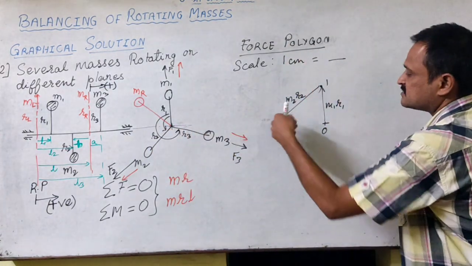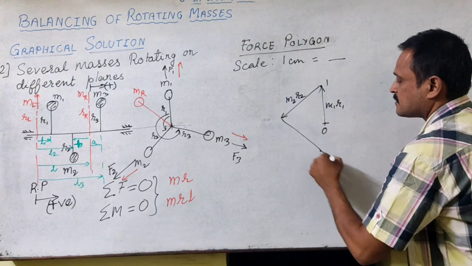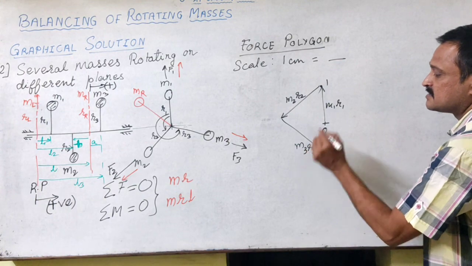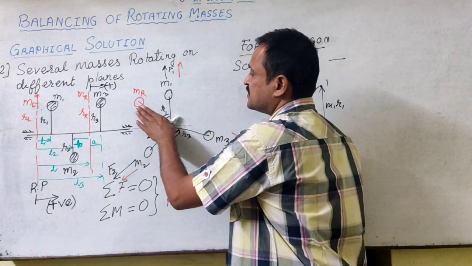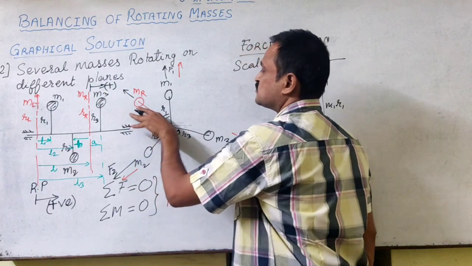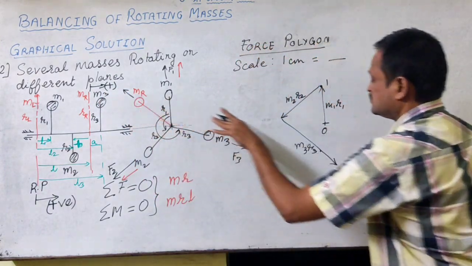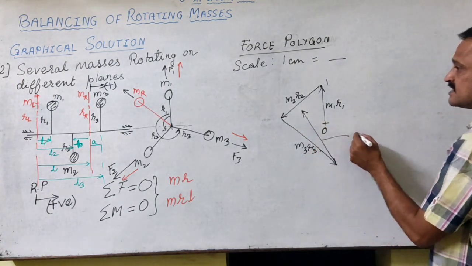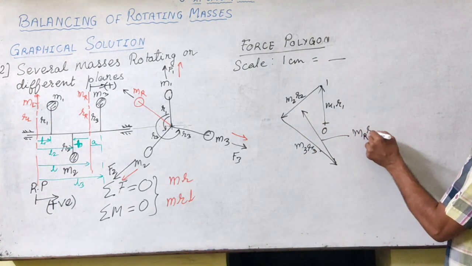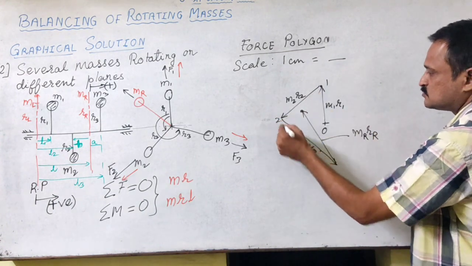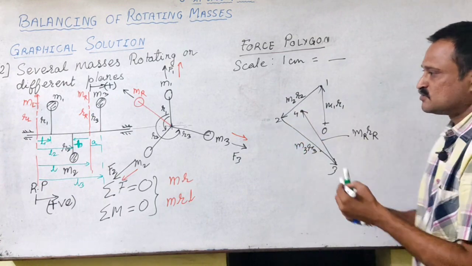Then M3R3, so this is M3R3, and then we have determined MR. So the force due to this will be in this direction, so parallel to this one, maybe somewhere here. I get this as MRRR, so this is 1, 2, 3, this is 4.